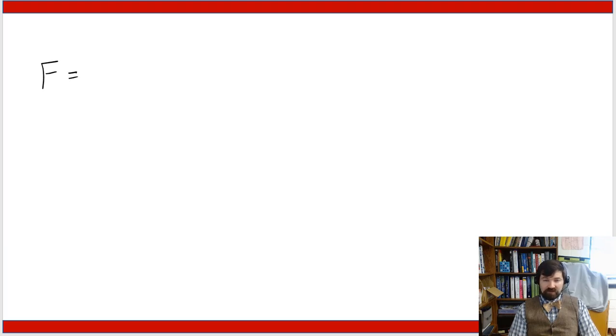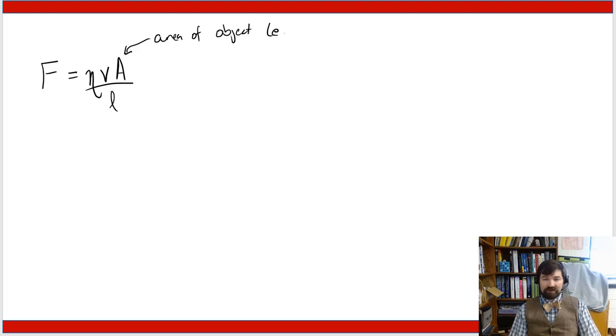F is equal to eta times V times A over L, where this right here is basically your cross-section area. So this is the area of the plate or whatever object.